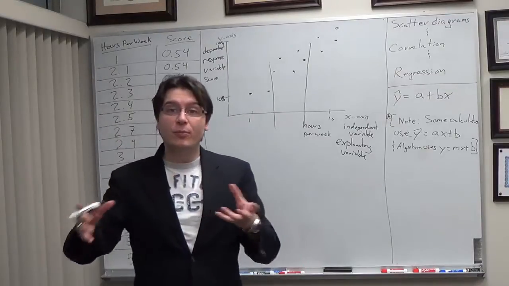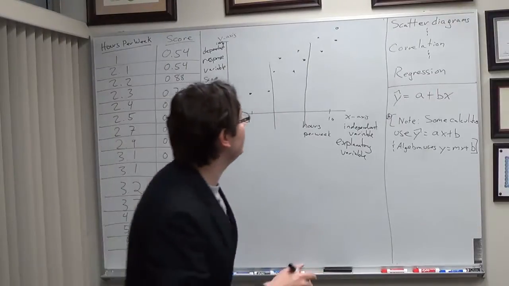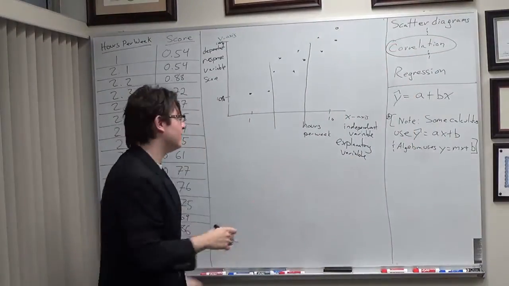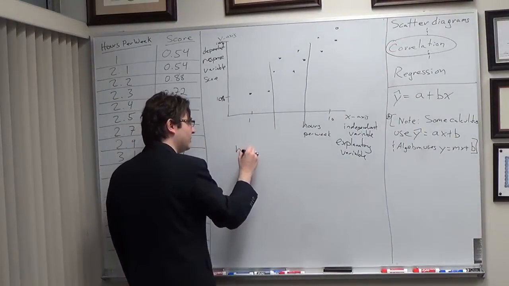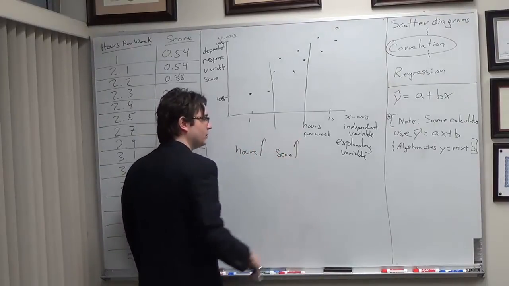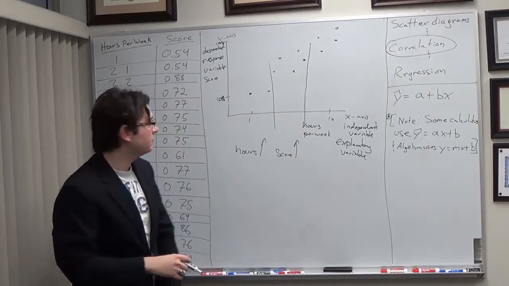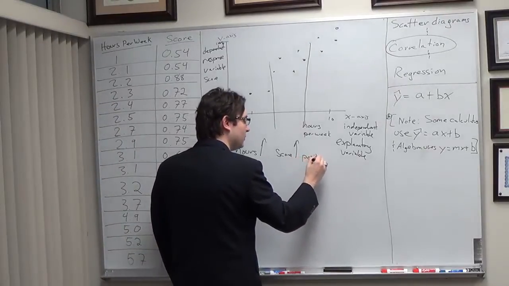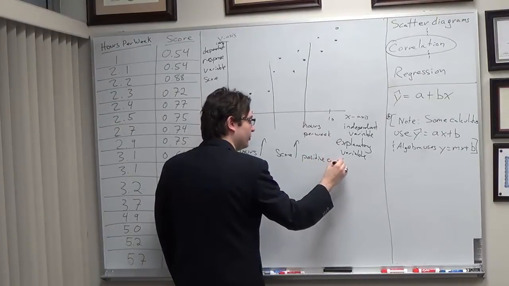The relationship between these two, which in statistics we call correlation, we would say overall is positive. As hours increase, score increases. So we would call this a positive correlation.